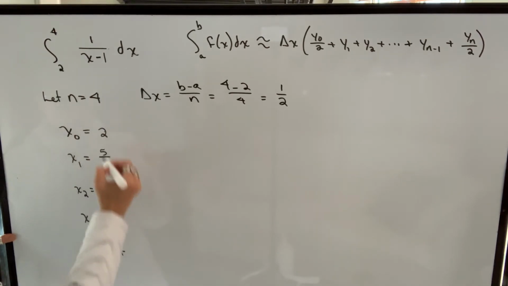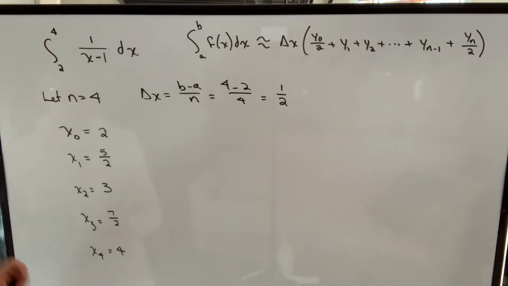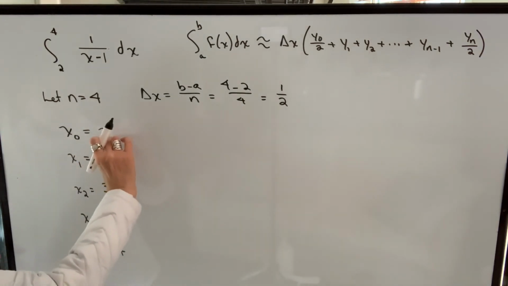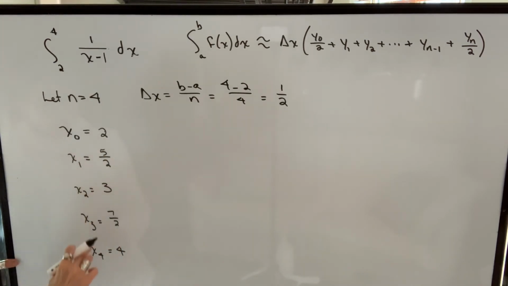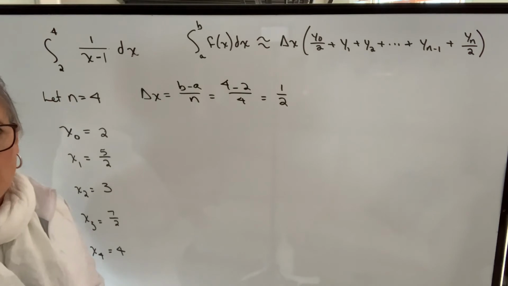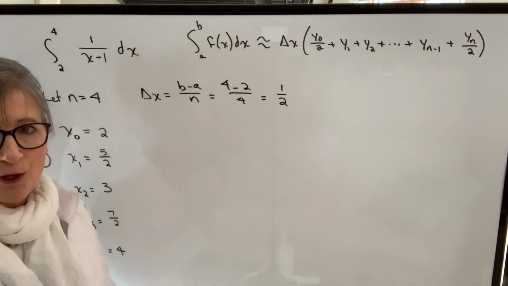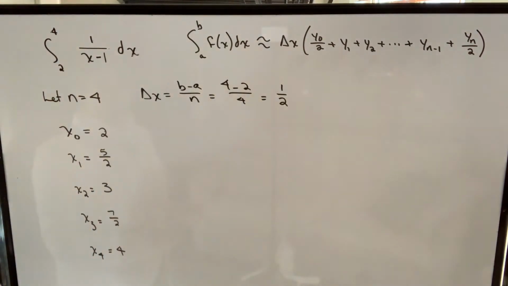So I've gone from 2 till 4, and this should be your lower limit, this should be your upper limit. And I have equal increments of 1/2 from one x value to the next x value. Notice I have 5 x values when I have 4 trapezoids, and you should always have one more x value than the number of trapezoids.